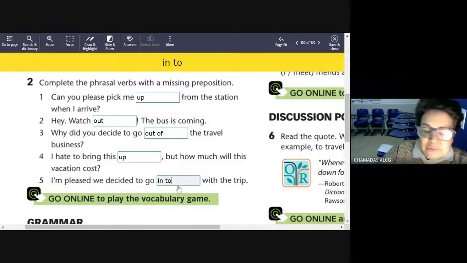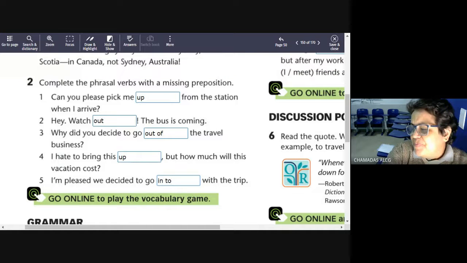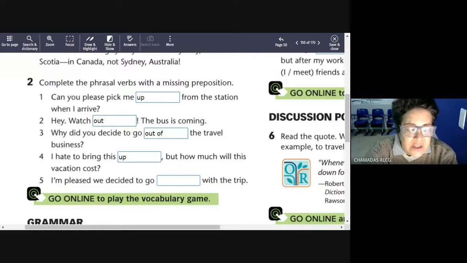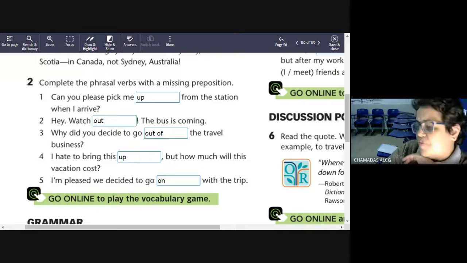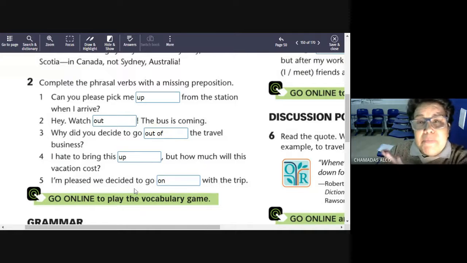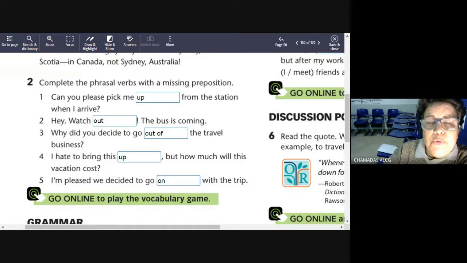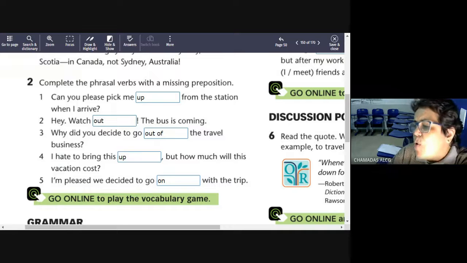No, I don't think so. Here, it would be better to say go on with the trip. When we say go on, the meaning is continue. So I'm pleased we decided to go on with the trip. Okay? To go on is the same as to continue.